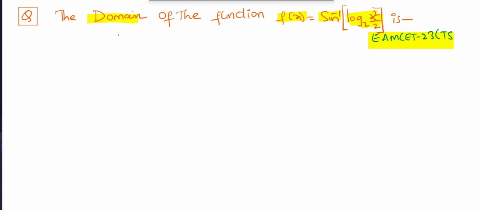This sin inverse lies between minus 1 and plus 1, that is minus 1 less than or equal to log of x square by 2 base 2 less than or equal to 1.